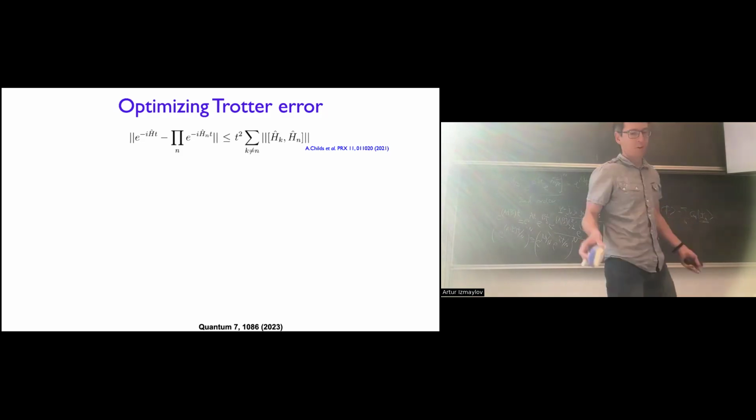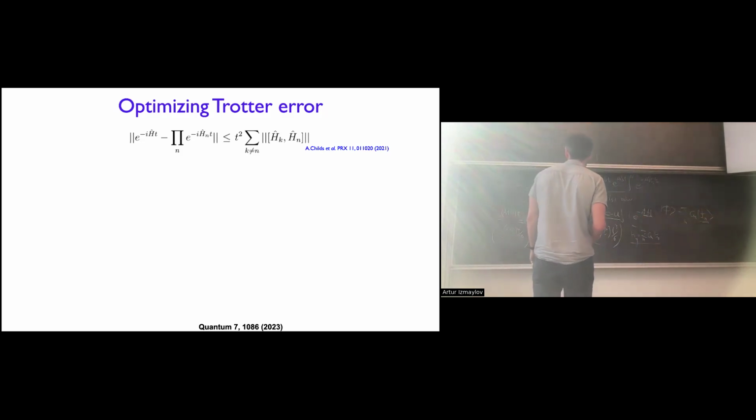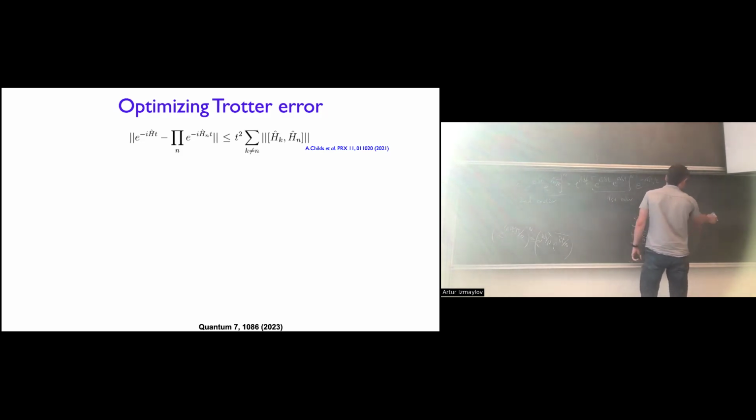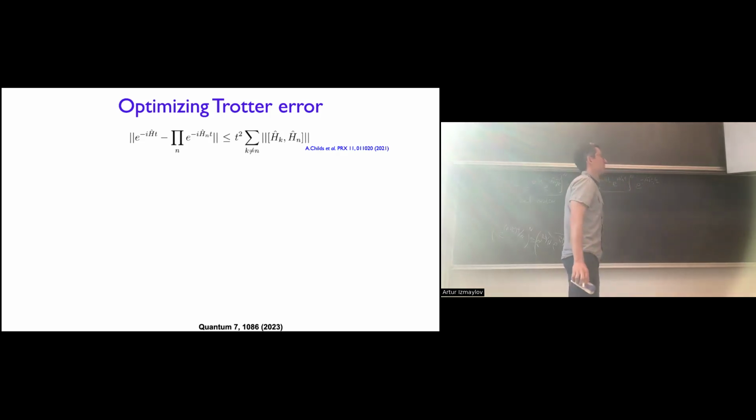Generally, Trotter error analysis is difficult. Things don't commute and are not easy to analyze. But the group of Andrew Childs and co-workers were able to write the upper bound for the norm, and here what we mean is the spectral norm, right? So it's the largest eigenvalue possible.